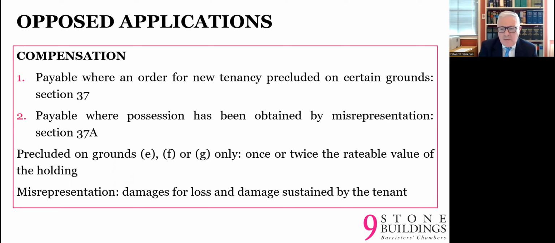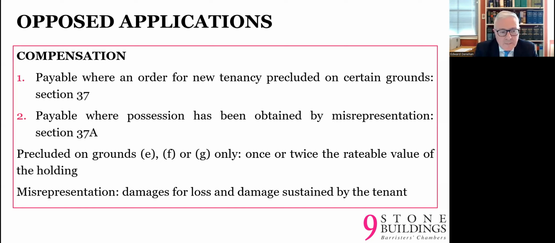You get the double rate if the premises have been occupied for business purposes for the period of 14 years immediately ending on the date of termination of the current tenancy, and that is the date specified in the Section 25 notice or the 26 request, not the actual date that the tenancy comes to an end by operation of Section 64.